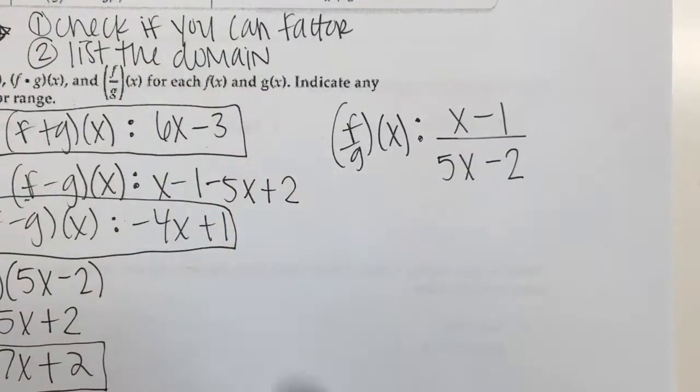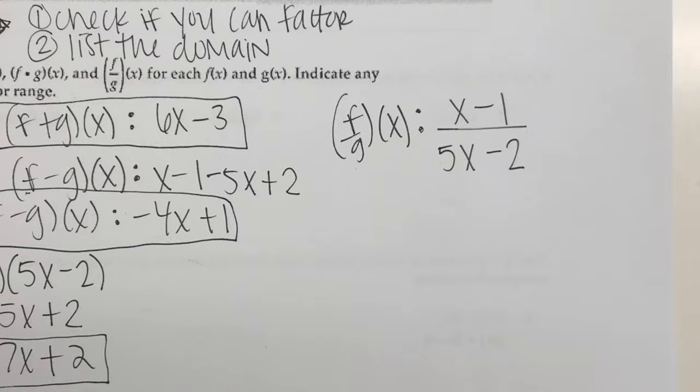Now for the domain. We have to list this because with fractions, what cannot be on the bottom of a fraction? Negative what? Correct. What else? You can have a variable on the bottom. You can't have what on the bottom of a fraction?